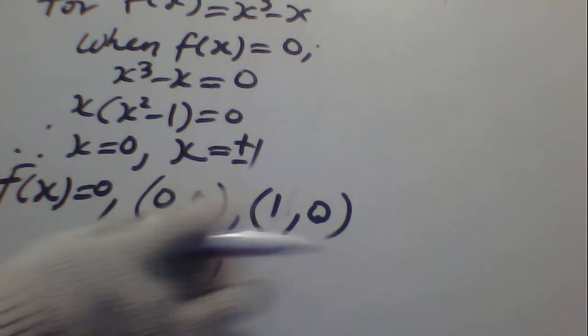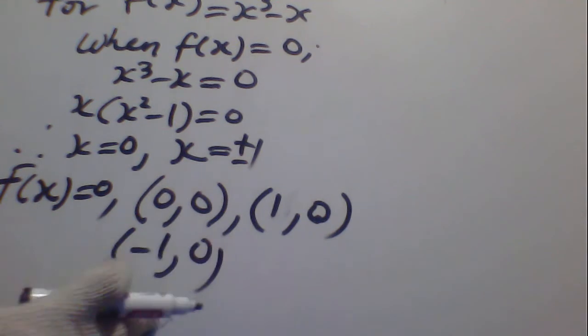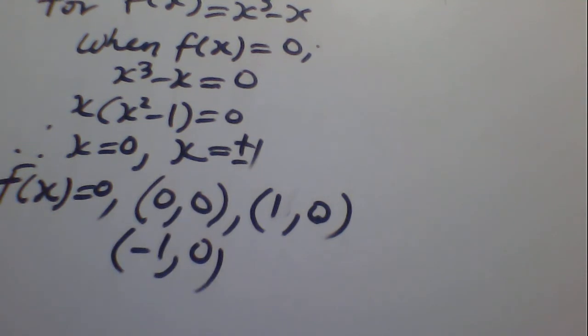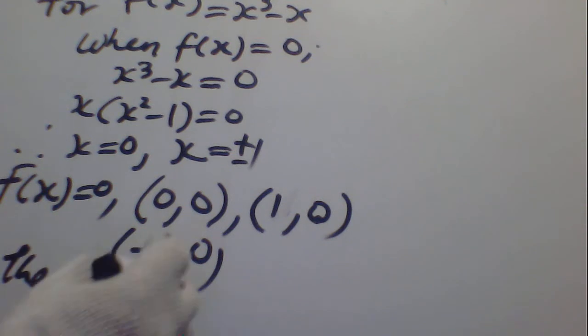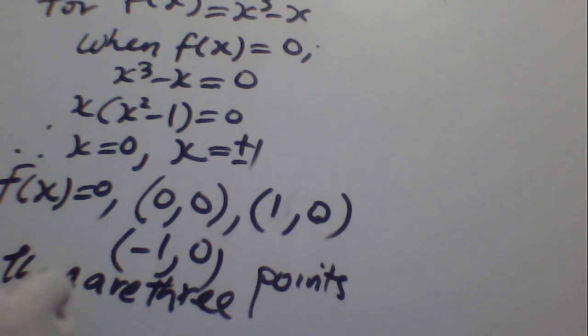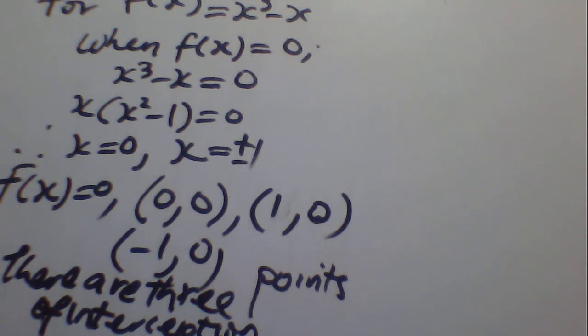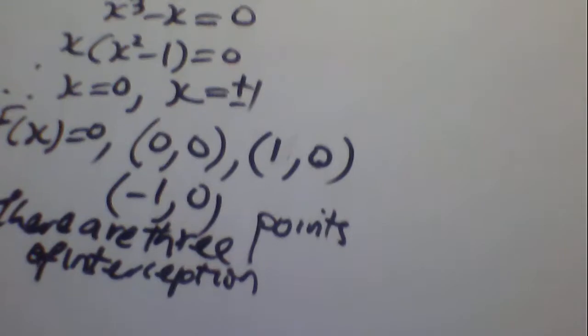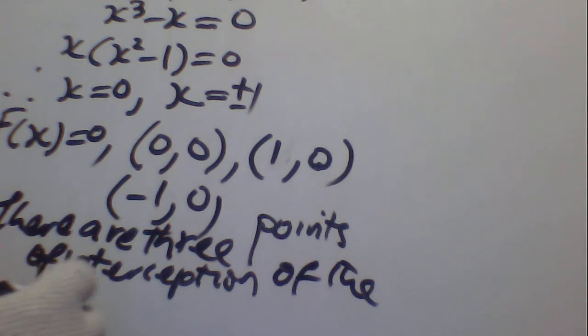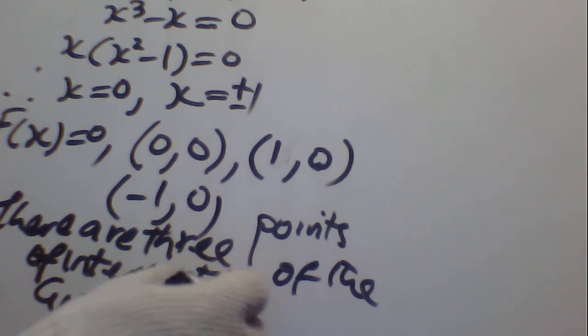Therefore, because there are 3 points, 1, 2, 3, this suggests that this is a cubic function, because there are 3 points where the curve intersects the x axis.